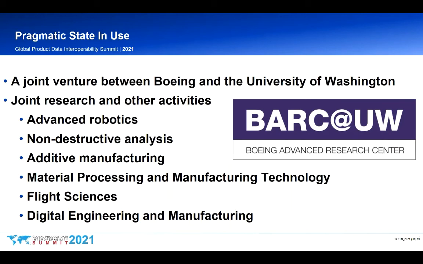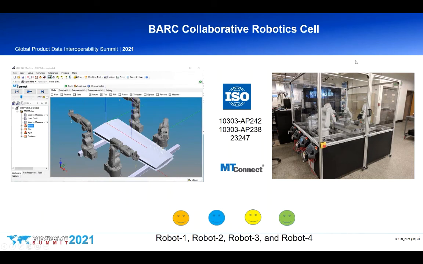And this is cool stuff, guys. So there is a robotics cell inside of the BARC Collaboration Center. And what they've done is they've set up a part of a wing, and we've simulated a drill and fill operation with 4 robots.